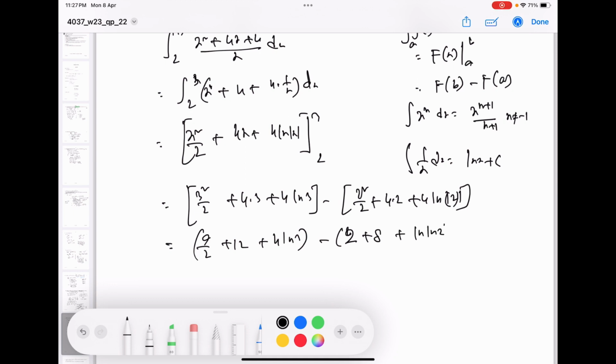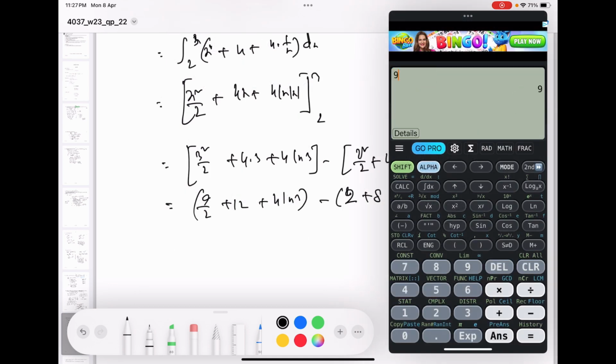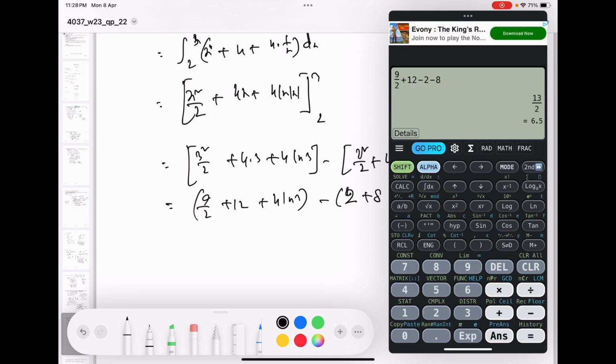So 9 over 2 plus 12 minus 2 minus 8 is 6.5.